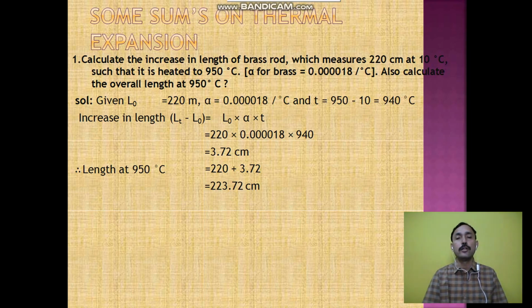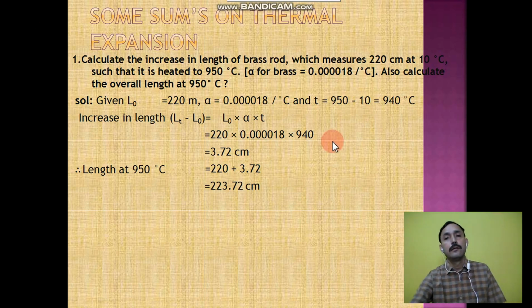Alpha, the coefficient of thermal linear expansion for brass, is 0.4018 per degree centigrade. Also calculate the overall length at 950 degrees centigrade.